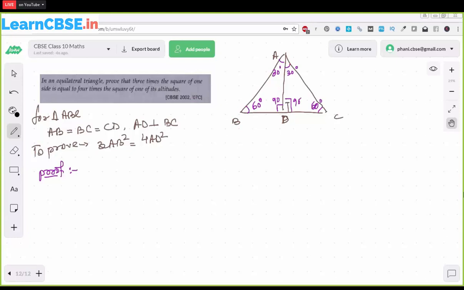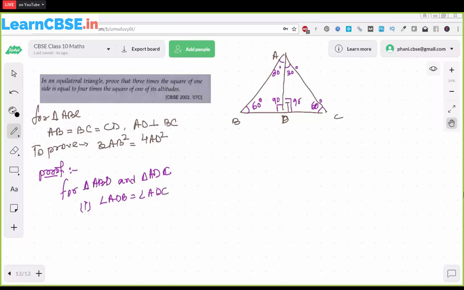So we can prove the congruency for the triangle ABD and triangle ADC. So first thing we can write that angle ADB equals angle ADC.